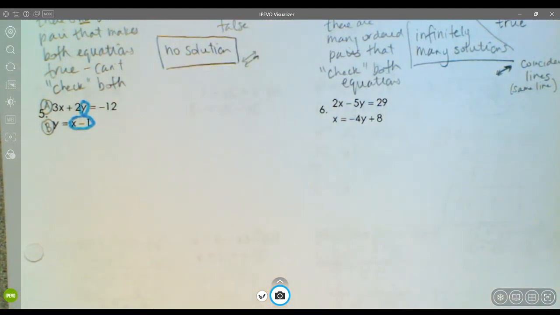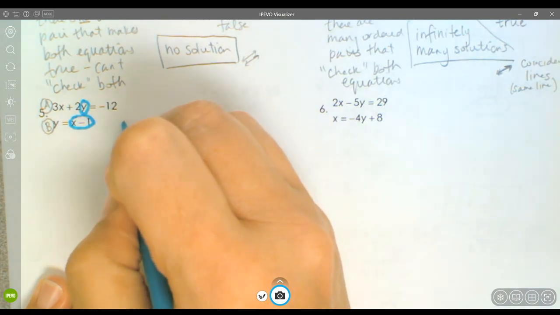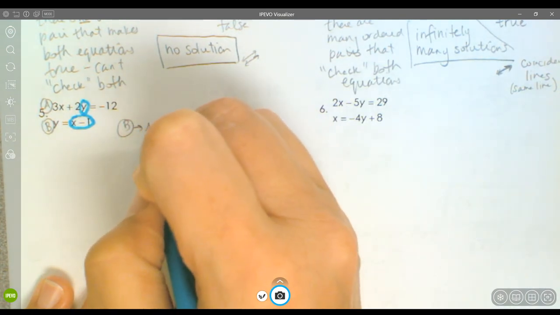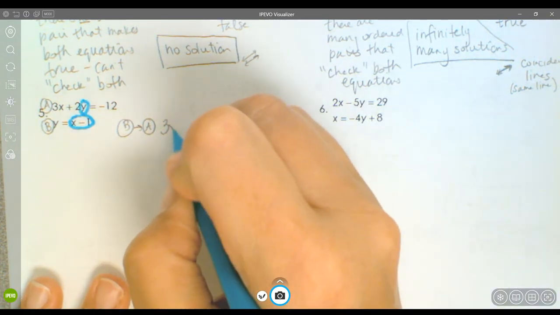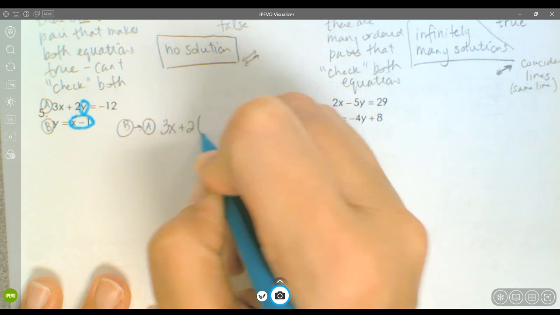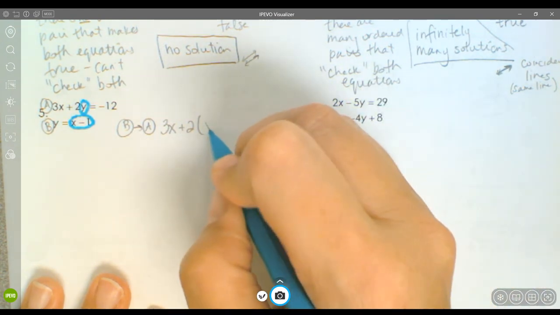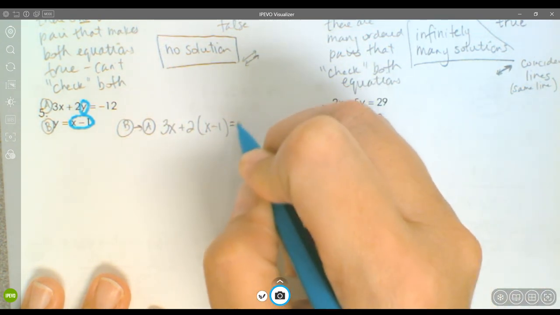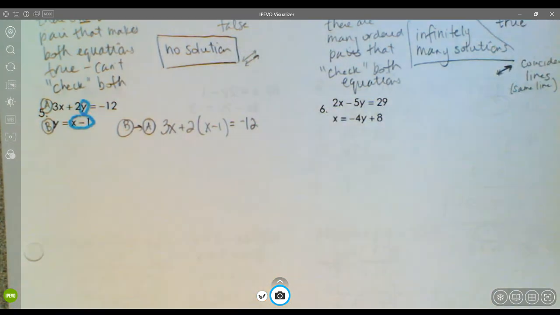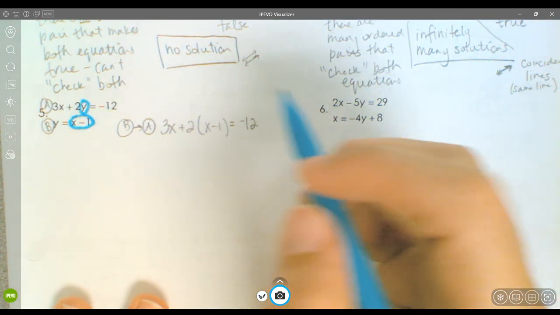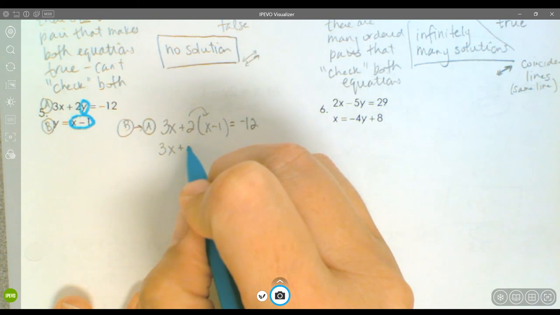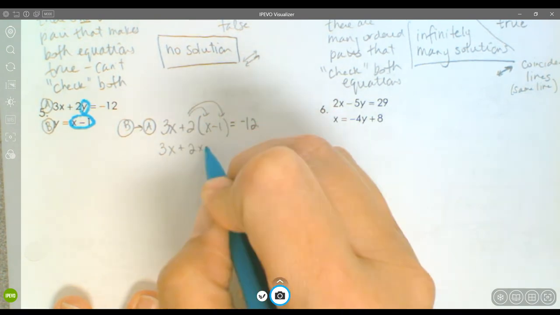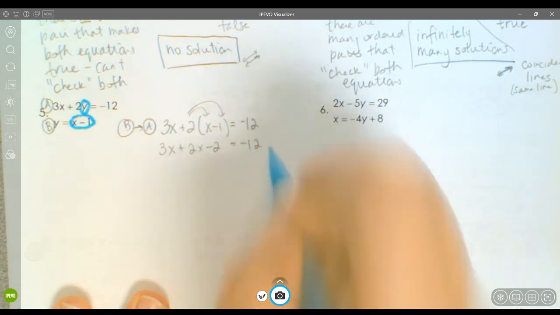So I'm going to take the information from the bottom equation and substitute it into the top equation. So I have 3 times x plus 2 times y, but y is now x minus 1. And that will equal negative 12. All right. So I will bring down my 3x plus, I will distribute my 2. That equals negative 12.